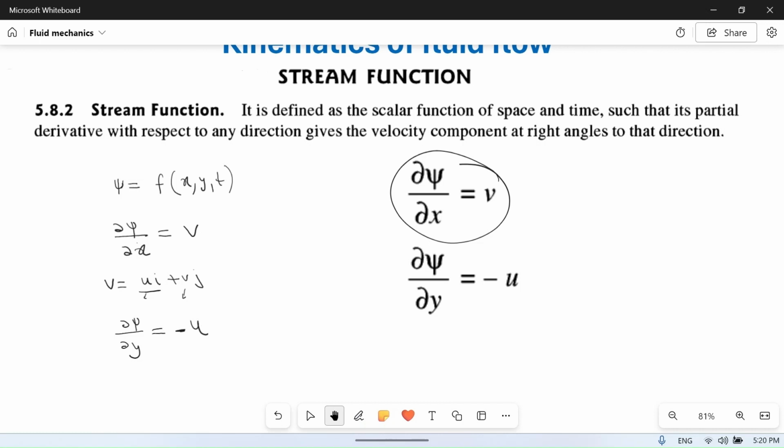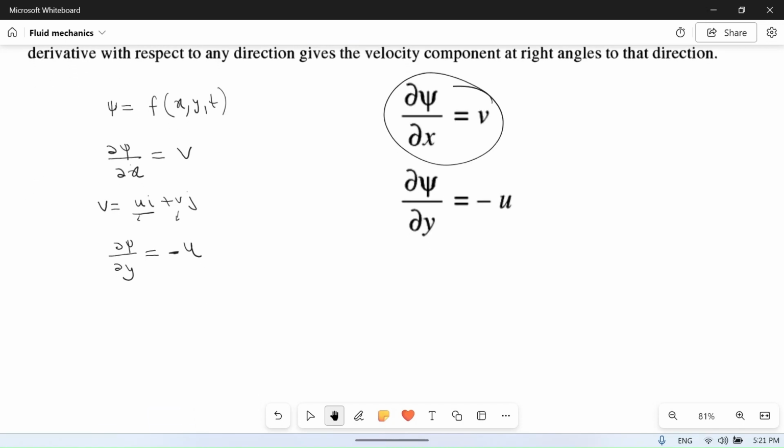Now what is our continuity equation? We will check the stream function with the continuity equation. So what is the continuity equation? For 3D, it is del rho upon del t plus del rho u upon del x plus del rho v upon del y plus del rho w upon del z is equal to 0.